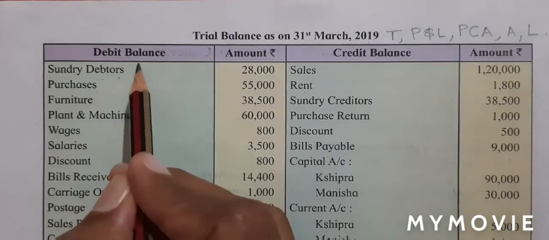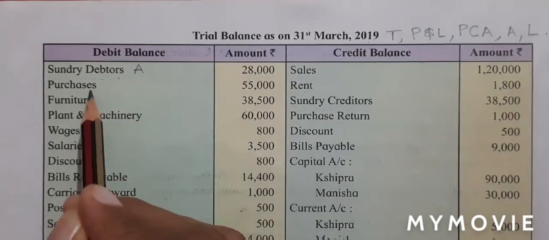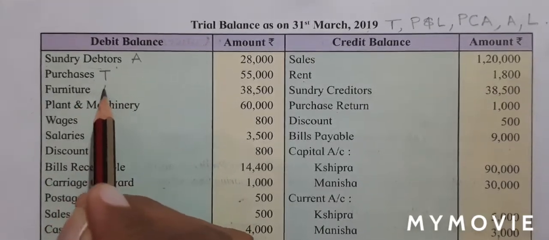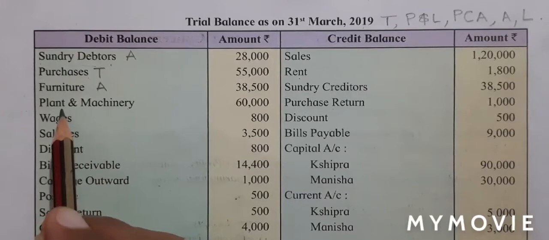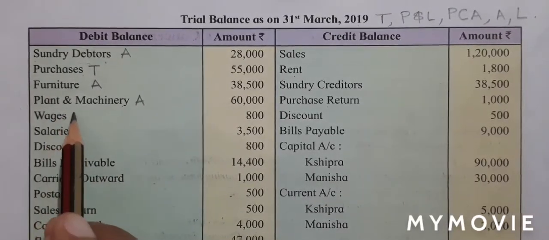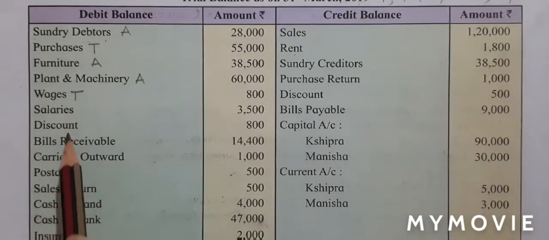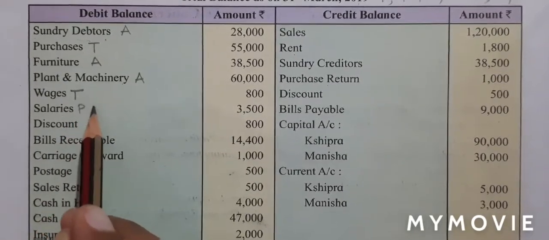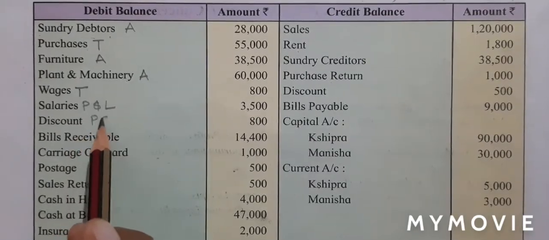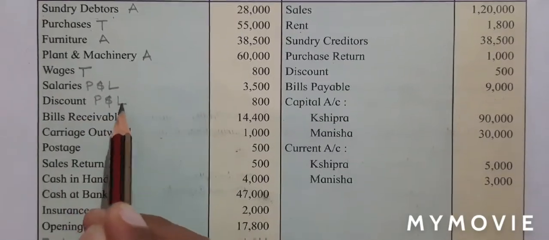Sundry debtors, asset. Purchases, trading. Furniture, asset. Plant and machinery, asset. Wages, trading. Salaries, profit and loss account. Discount, profit and loss account.